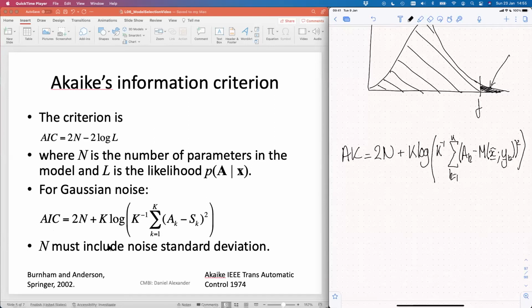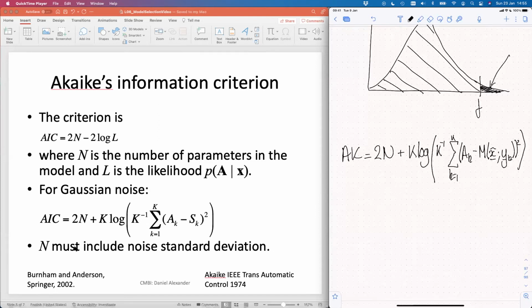That has to be accounted for in the evaluation of n that goes into this expression. So n must include 1 for the estimate of the noise standard deviation that goes into this derivation. So n must be 1 bigger than the number of actual model parameters.